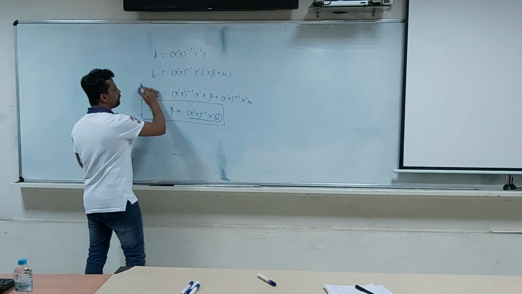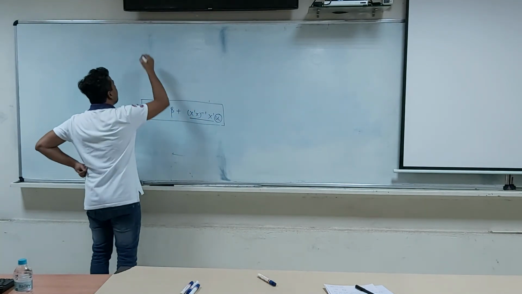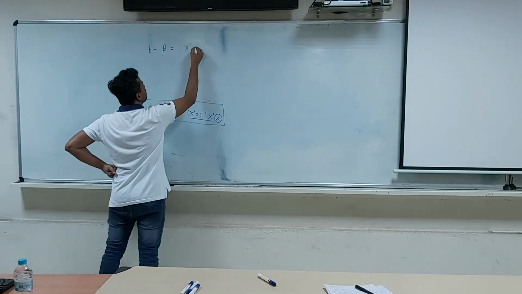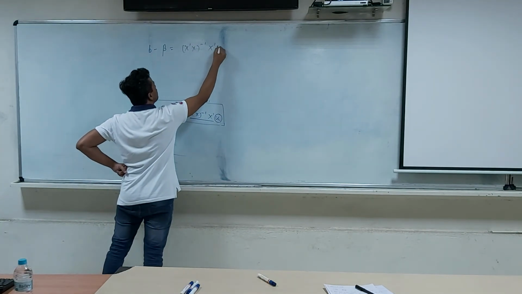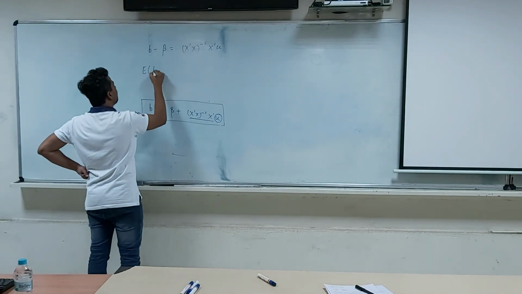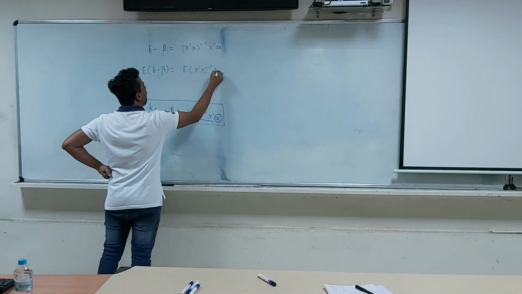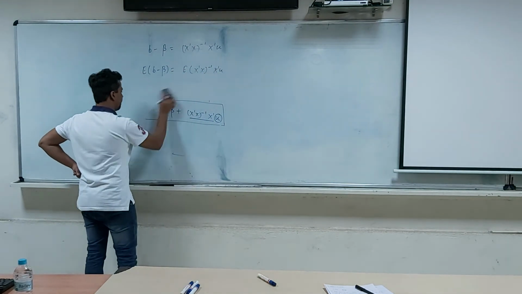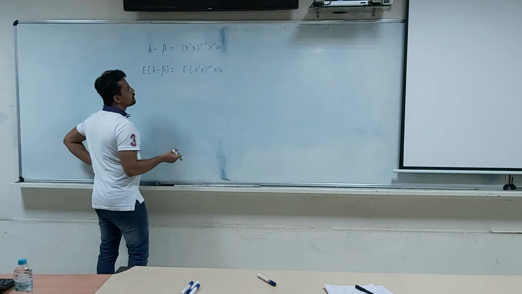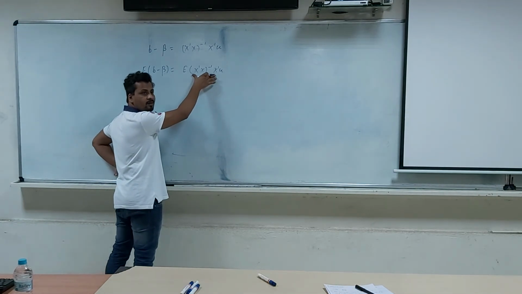So is this point clear? Let me write this above. I can write this as b minus beta equals x transpose x inverse x transpose mu. If I take expectation on both sides, you should understand that these are non-stochastic terms, they are constant terms.